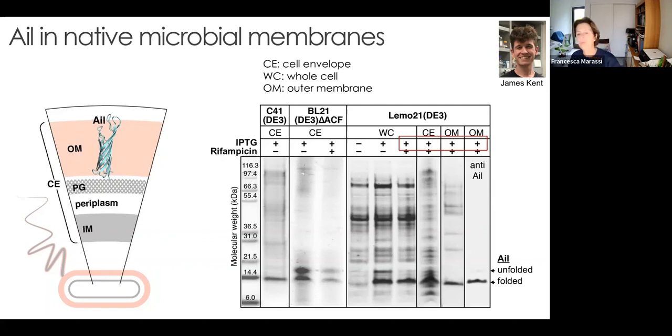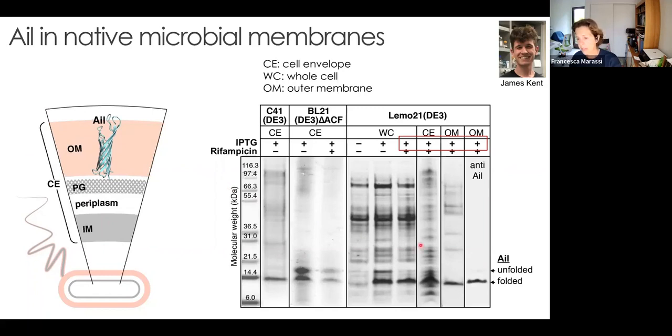This gel is basically showing that using this Lemo21 DE3 expression system, we can isolate either cell envelopes right here, or even outer membranes alone. Cell envelope meaning the entire outer membrane, peptidoglycan, periplasm and inner membrane shell, or just the outer membrane component with AIL.